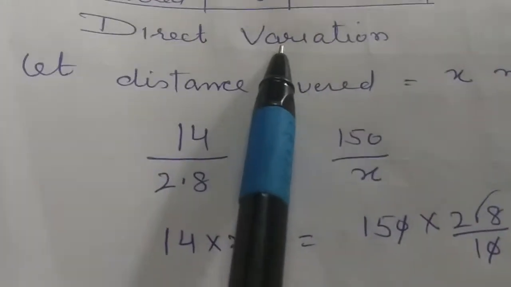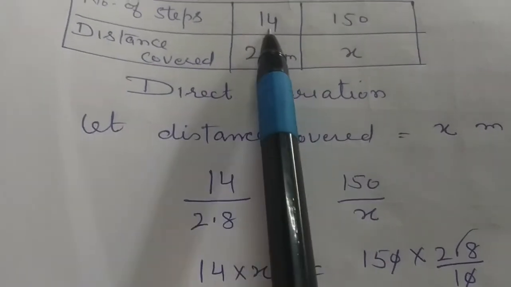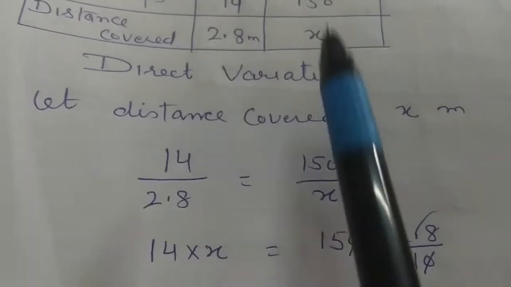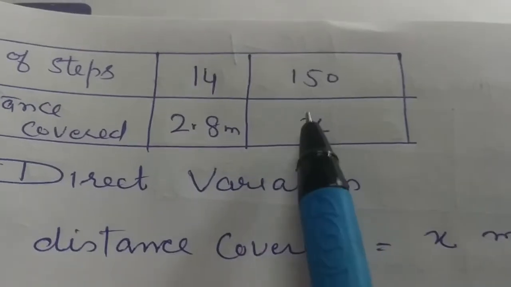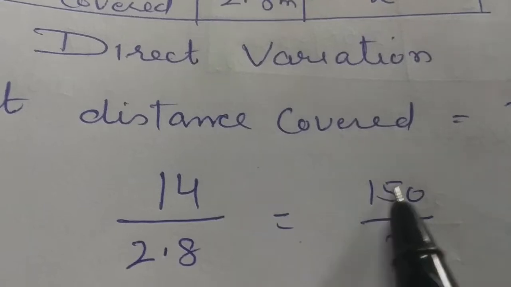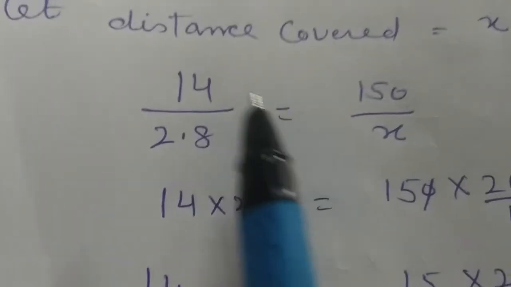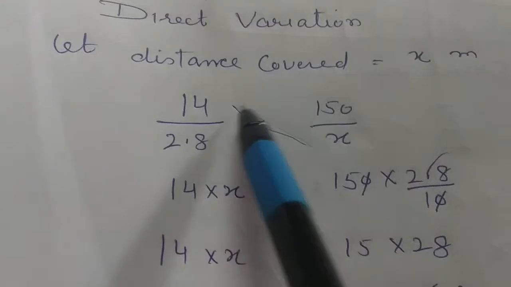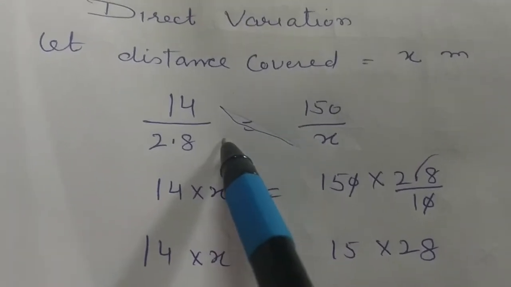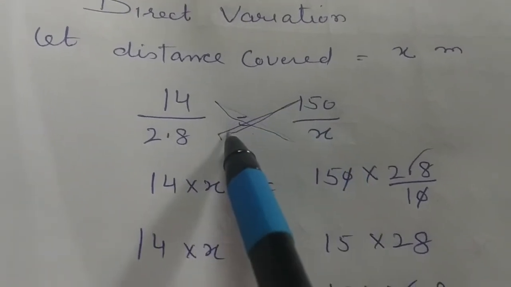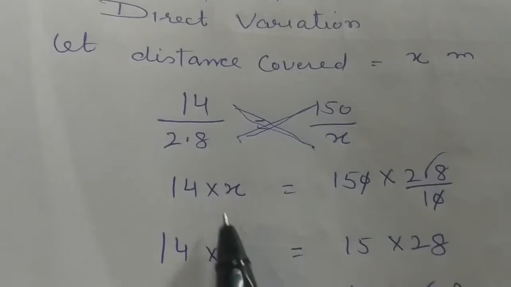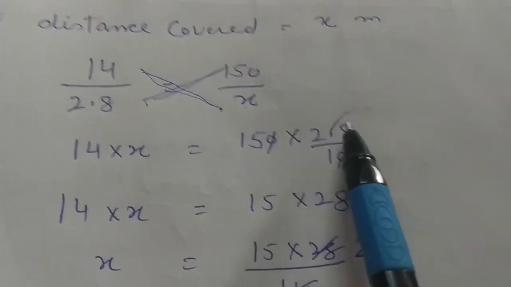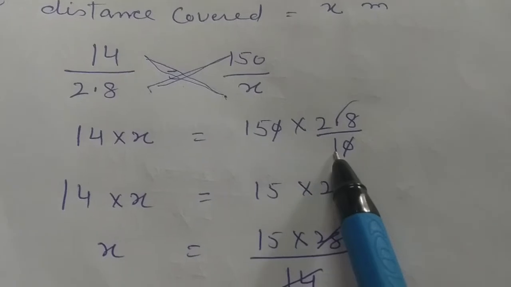Direct variation, then write 14 over 2.8 is equal to 150 over x. Then cross multiply. You will multiply 14 into x and 150 into 2.8. 14 into x, 150 multiply 2.8, but I removed the point and marked here 10.